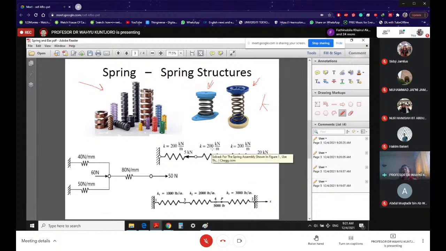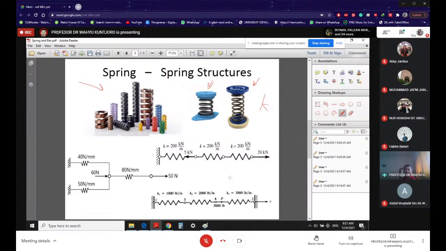Then you have the same type of spring, you connect one to another, and you have the springs in series, for example. This is what we call series connection of springs.